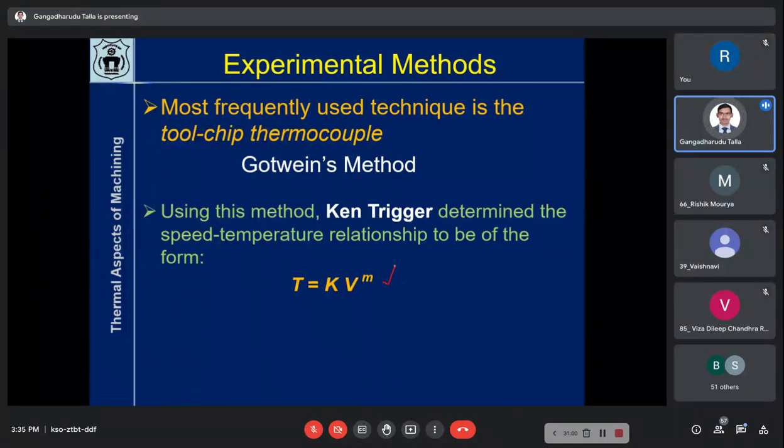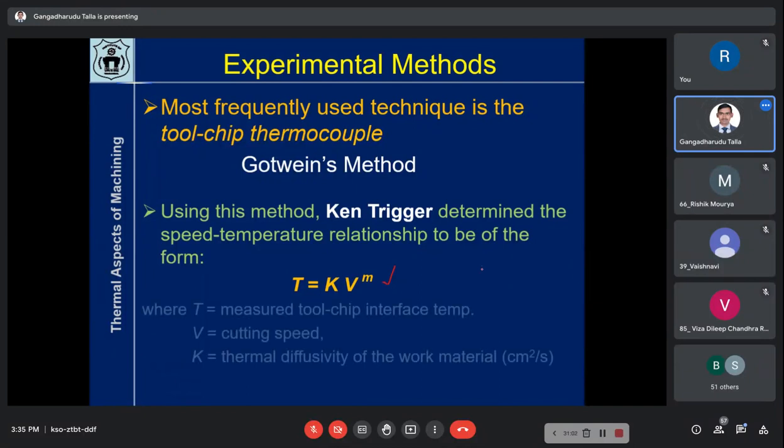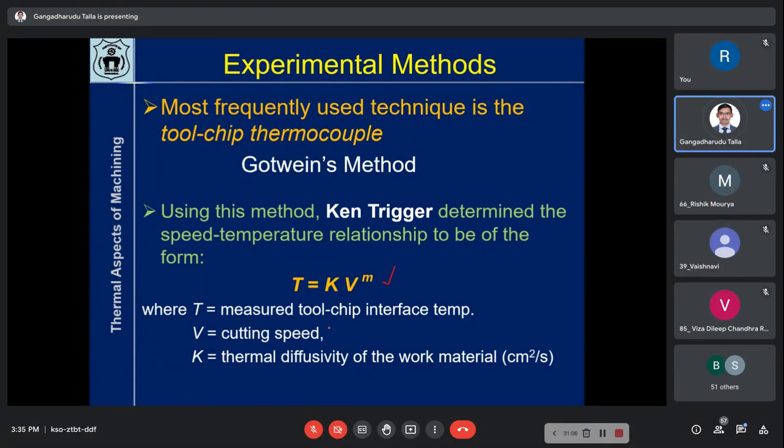This is an empirical equation. Here T is the temperature, that is the measured tool chip interface temperature, V is the cutting speed, and K is the thermal diffusivity of the workpiece material, in units of centimeter square per second.